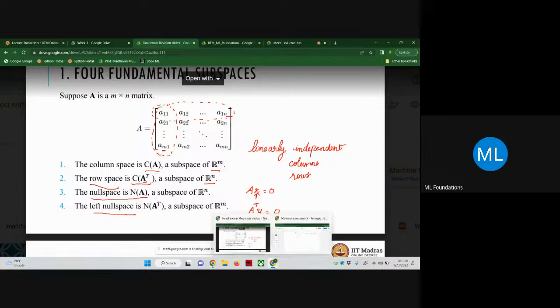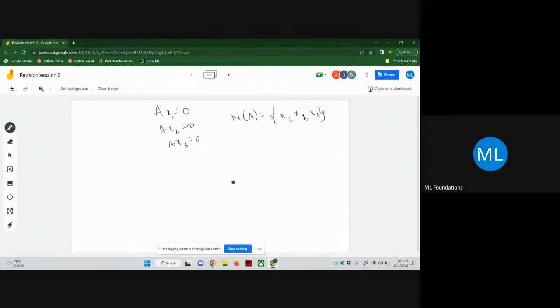Then the other important thing that we need to notice is the number of columns. Suppose we have n columns. N will be equal to the rank plus the dimension of the null space of A. Then m will be equal to r plus the dimension of the null space of A transpose.